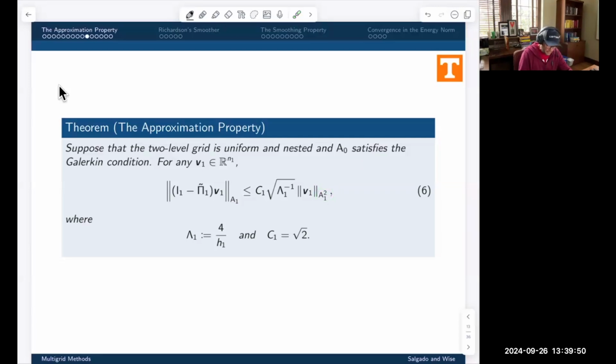So if you know about Sobolev norms, H1 is associated with that guy, and H2 is associated with the square. And if you think about it, it kind of makes sense. A1 will represent the gradient. This will represent a gradient squared, which is like the Laplacian. So that's why you get this correspondence.